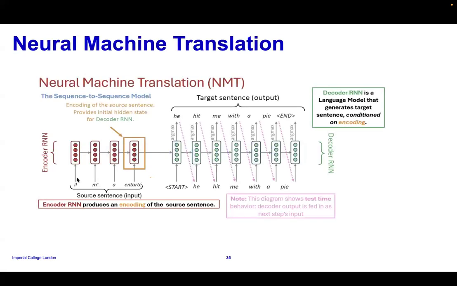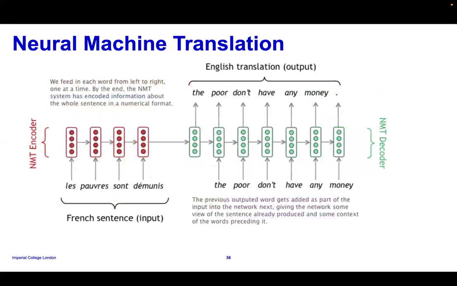Neural machine translation is this: let's assume here we have an encoder, here we have a decoder, right? We can see here, encoding the sequence and providing a hidden initial state. This is what I talked about, the hidden state, which actually was a problem.